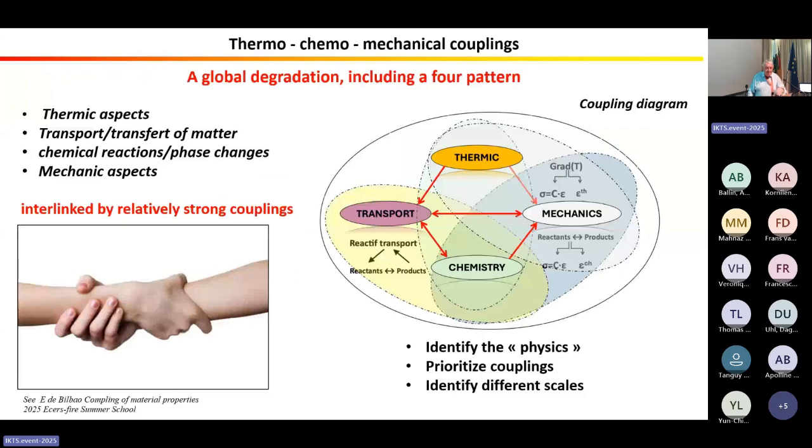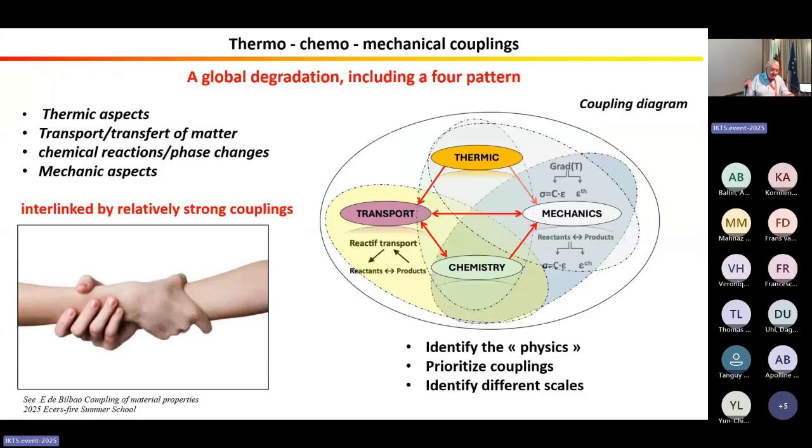Now, let's speak about the thermo-mechanical coupling. The refractory degradations are very complex, including fluid flow, transport, thermics, chemistry, and mechanics.